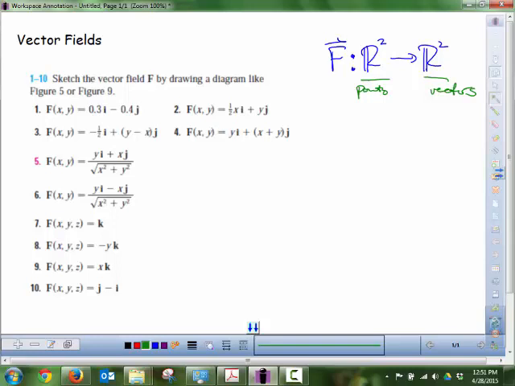So let's try to see what that means. Let's pick a problem, maybe number 2, for an example of how we're going to begin to visualize these vector fields. Once we visualize them, we'll use them as our new function to take the derivative of, to integrate, and things like that.